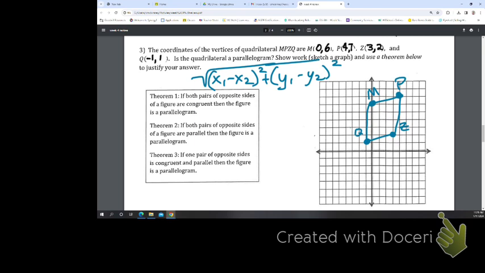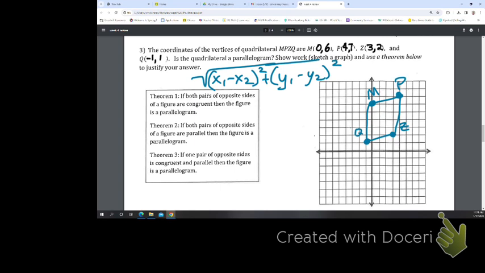You could find that MP and QZ are the same, and the distance between MQ and PZ should be the same. So, yes, you are welcome to do that. I think with the picture, theorem 2, where we prove that they are parallel, is our easier choice.